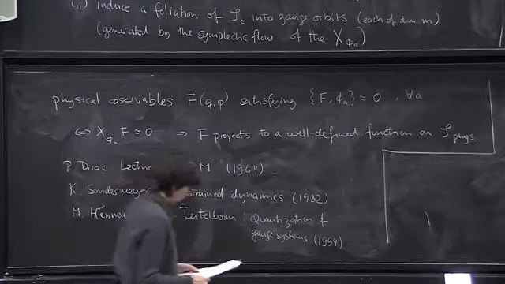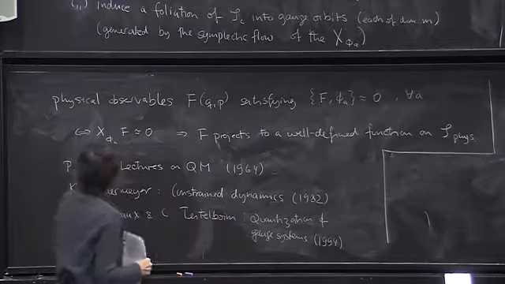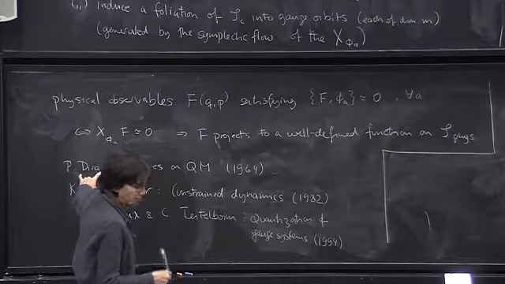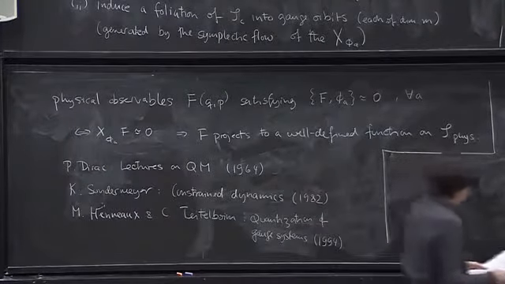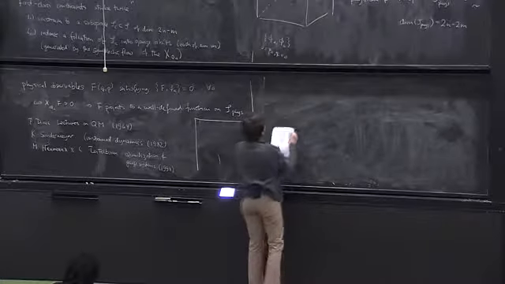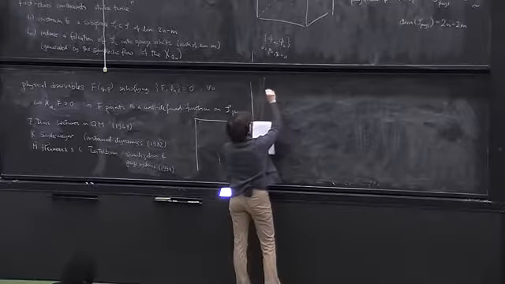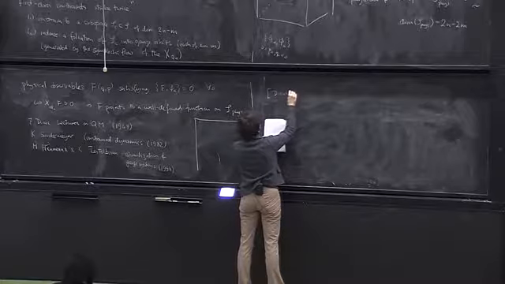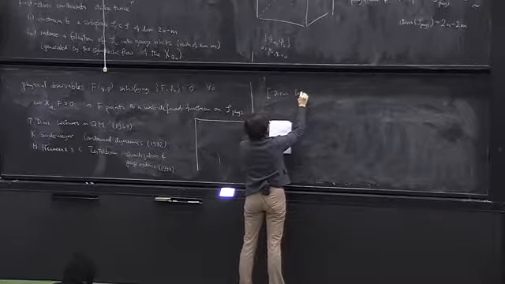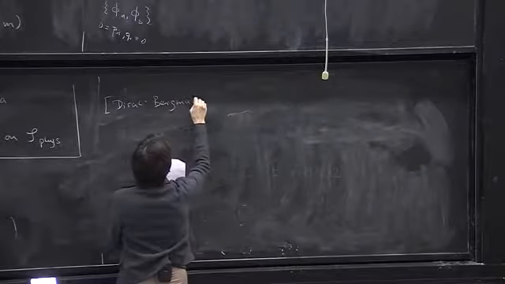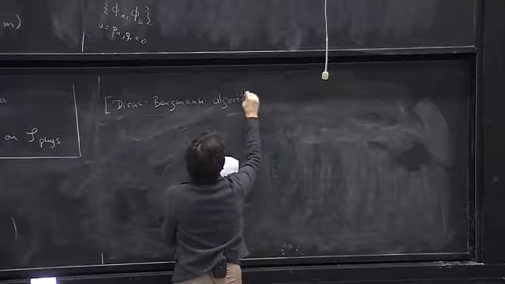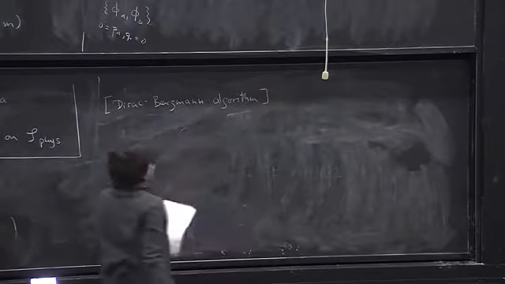It's often associated with the name of Dirac and also Peter Bergmann, who were some of the early pioneers in thinking about gravity. What I've shown you a little part of is also what sometimes goes under the name of the Dirac-Bergmann algorithm.